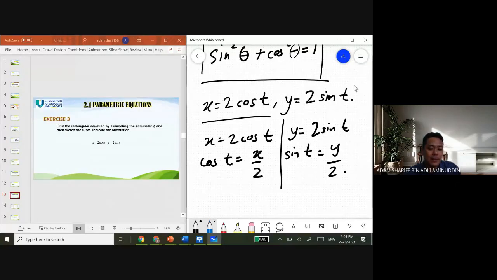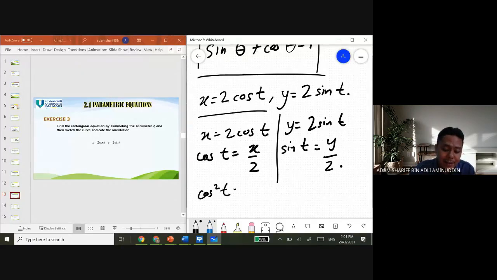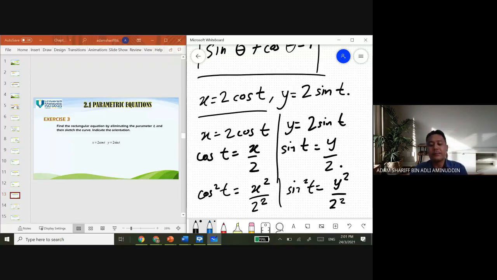By using the Pythagorean identity just now, try to find what is cos squared t, which is x squared over 2 squared. And sin squared t, you get y squared over 2 squared.